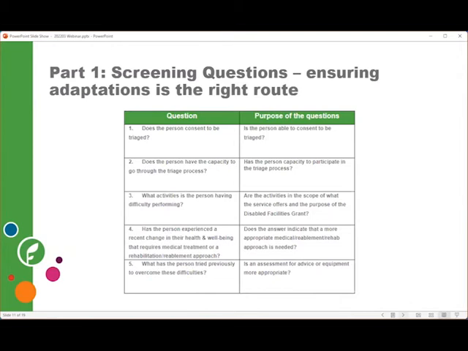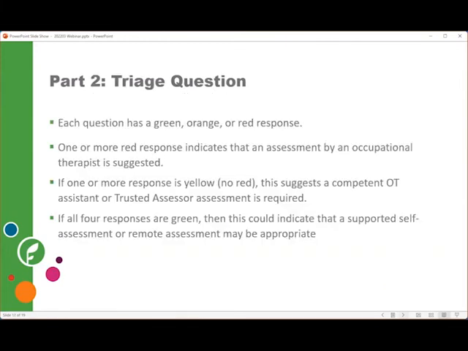Many local authorities tend to have this in place, but for those areas where you don't, that's why we've got these screening questions, just to ensure that we know that the DFG and adaptations is the right pathway for the individual. So part two, as I say, we've got 4 triage questions.